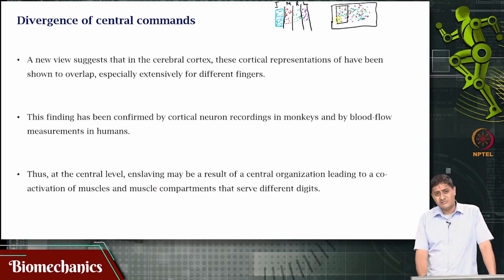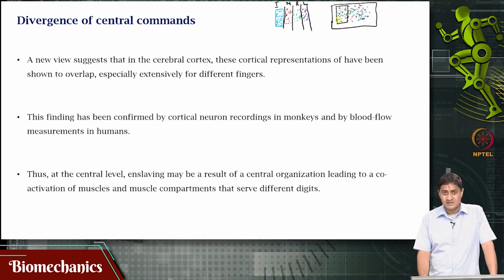This idea has been confirmed by studies on monkeys and by blood flow measurements in humans. So at the central level, it might be thought that enslavement might be purely a result of cortical organization, some form of organization leading to co-activation between muscles that are sending commands to different fingers.